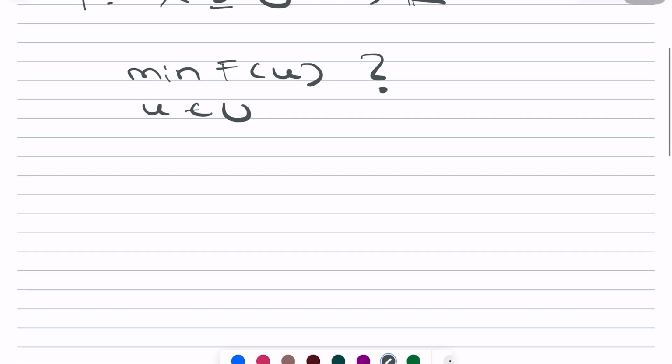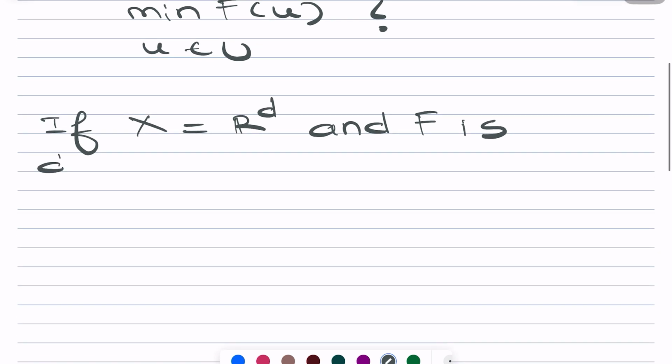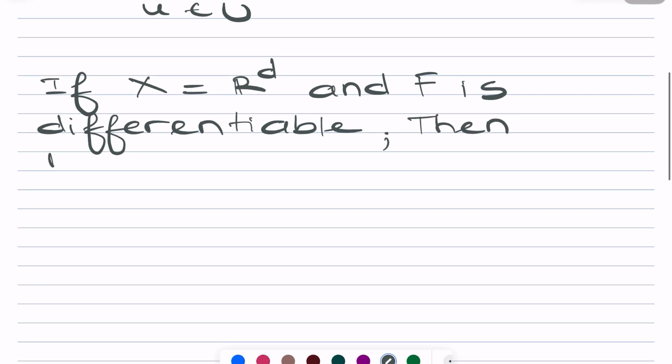So if this Banach space X is equal to R^d, if you have this finite dimensional space, so if X equals R^d and your function is differentiable, then life is easy.